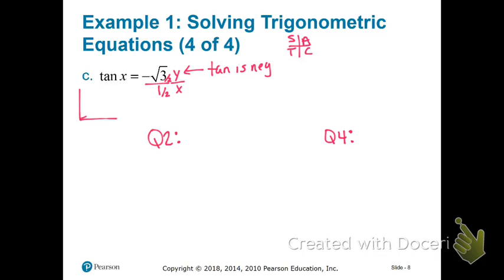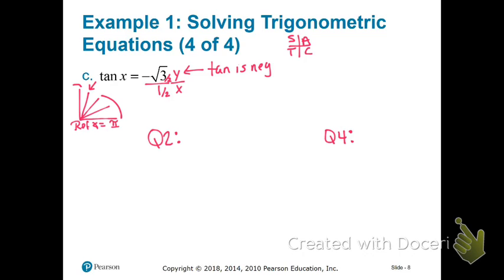Okay? So let's go ahead and find our reference angle. So in quadrant 1 here, to find our reference angle, I know y is going to be the square root of 3. X is 1, so I'm at that angle right there, which is, no, I'm in quadrant 1. First, I'm in quadrant 1. So yeah, the pi over 3 is my reference angle. Sorry, y'all told me pi over 3.